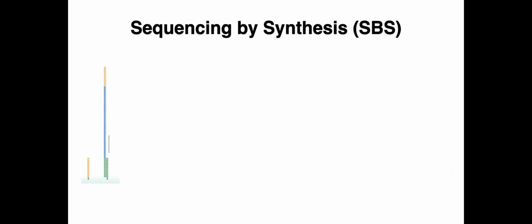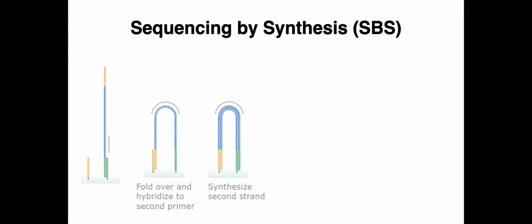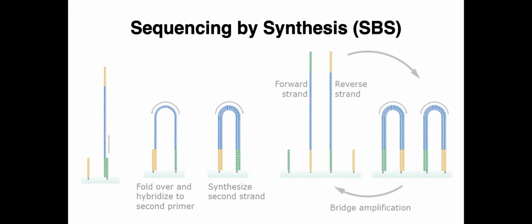We have a second oligo at the other end of the molecule and its complement also on the flow cell. We then carry out what's called a bridge amplification, and now we have two copies of that molecule, and that process of bridge amplification can be precisely controlled and repeated as many times as you want to generate a cluster.